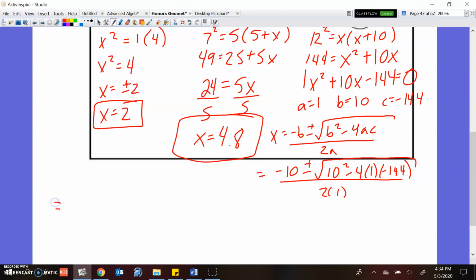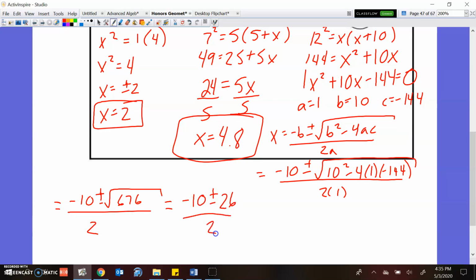All right, so negative 10 plus or minus, and 100 is 10 squared minus 4 times negative 144 actually turns out to be 676. All right, and that is a perfect square. It's 26, so that's going to be really nice. So this is going to turn into negative 10 plus or minus 26 over 2.